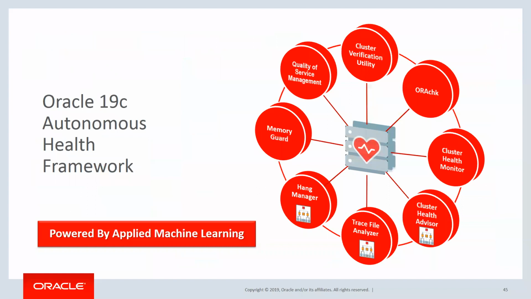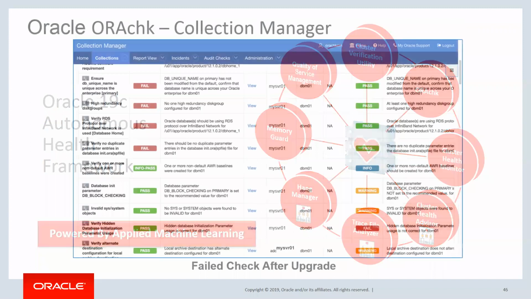I want to focus your attention on the Oracle 19C Autonomous Health Framework. There are a lot of services and options that we have available on the 19C environment, also on 18C already. Think about ORAchk, for example, to make sure that all the latest patches and things you have available are applied on the system, but also the security advisor. So this is an example for ORAchk.